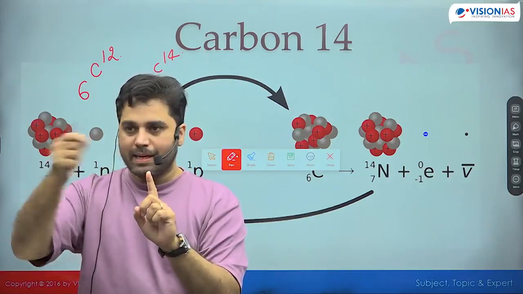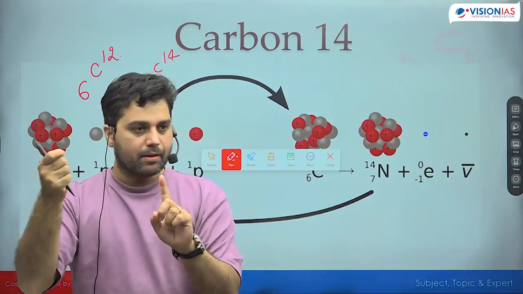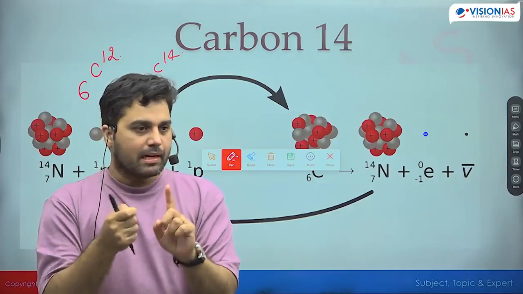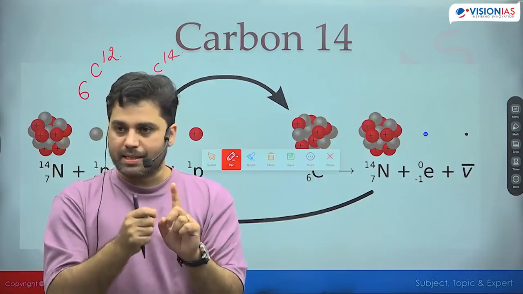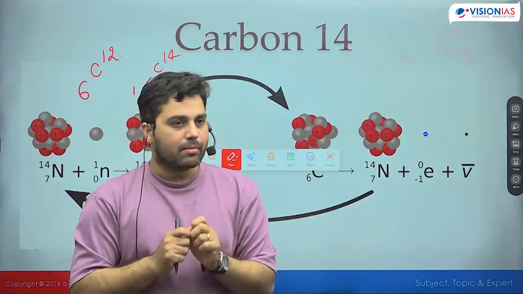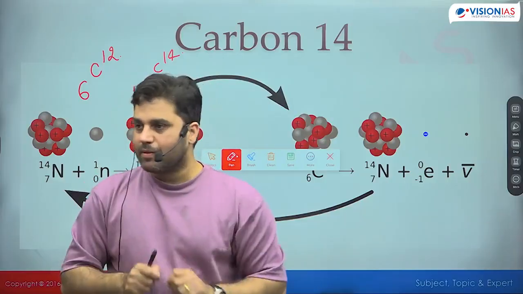When this is analyzed in a lab setup, you'll find that there is some carbon-14 also. It's not that my carbohydrates and my proteins and my nucleic acid are only and only carbon-12. Some of that is also carbon-14. But where did that carbon-14 come from?